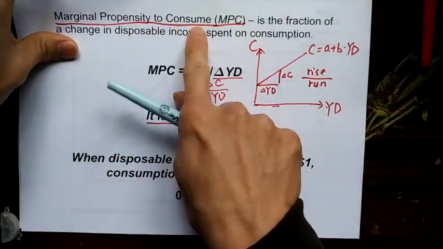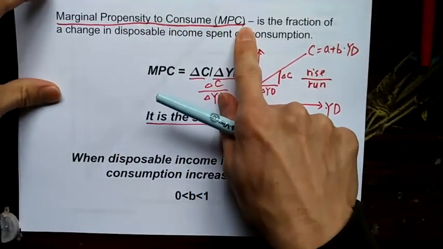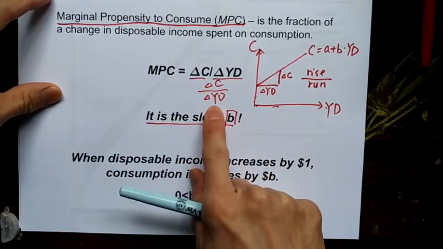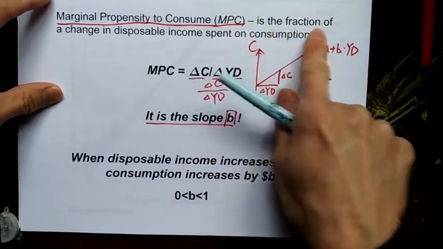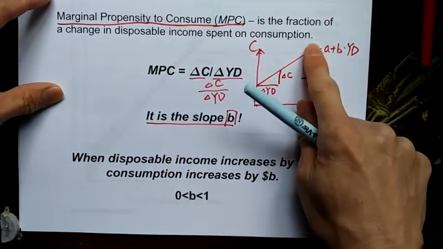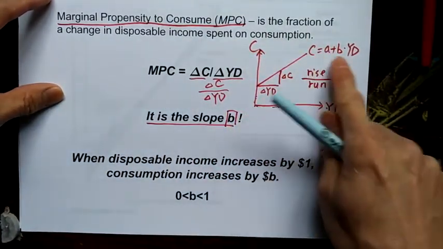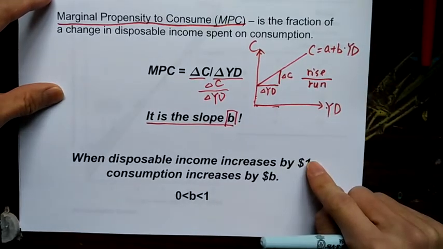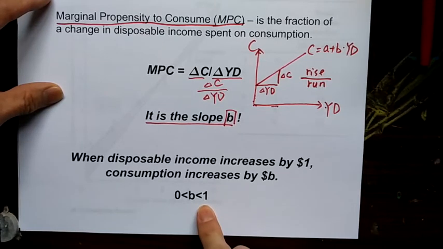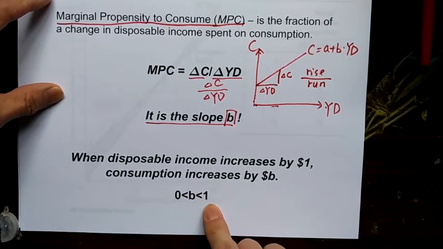So marginal propensity to consume, MPC, is change in consumption divided by change in disposable income. It is the fraction of a change in disposable income spent on consumption. It is the slope of the consumption function. And this MPC must be between 0 and 1. Why?